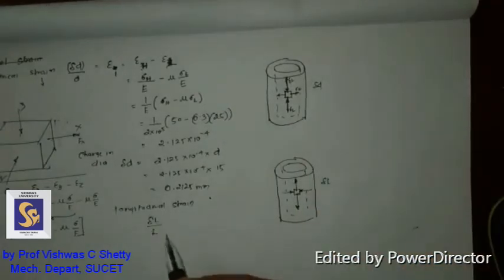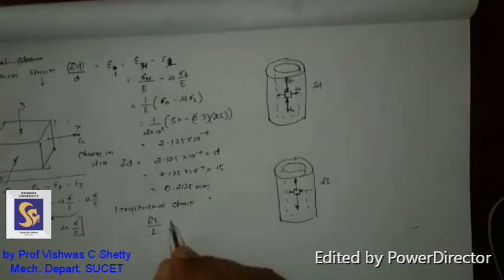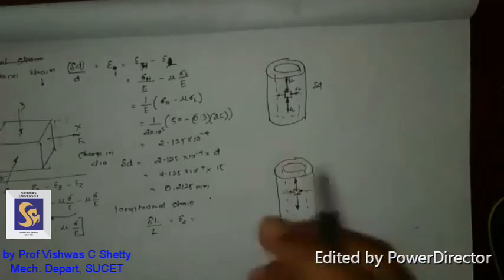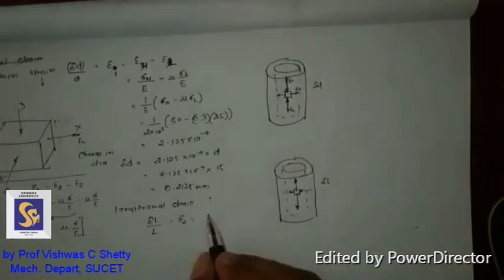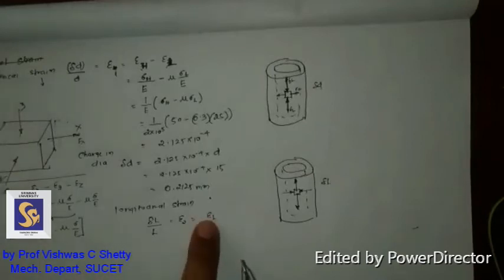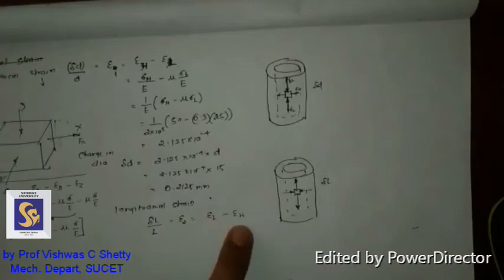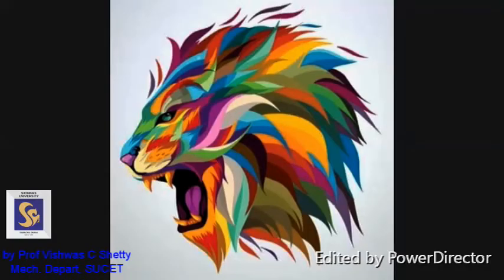So this is the longitudinal strain. Let that be epsilon 2. This is greater now. So first you have to write this. This is considered positive. The hoop strain is considered negative, the opposite of this.